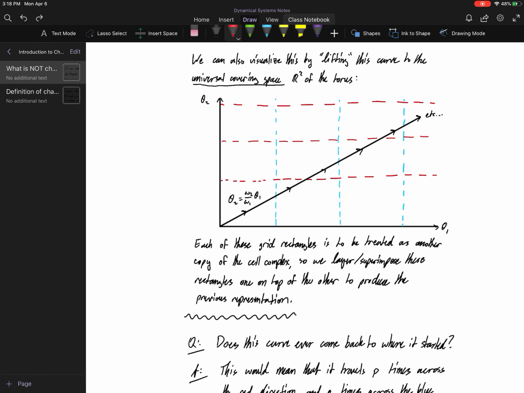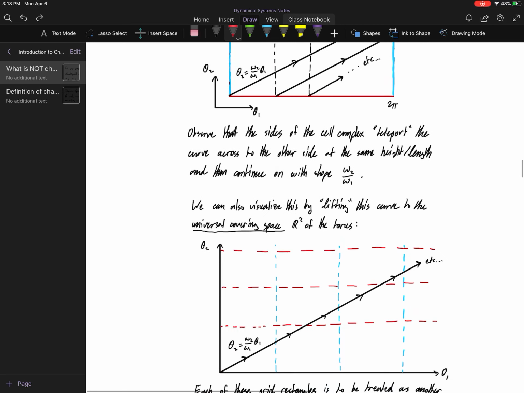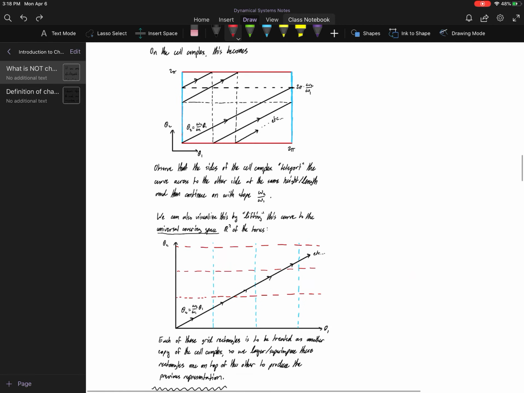And we can also visualize this by appealing to the universal covering space, right? You don't have to know what that means. It's just another version of a quotient space, or something that we can get the torus from by making certain gluings or identifications. But we can see exactly why this line is still creating the picture that we see upstairs here.